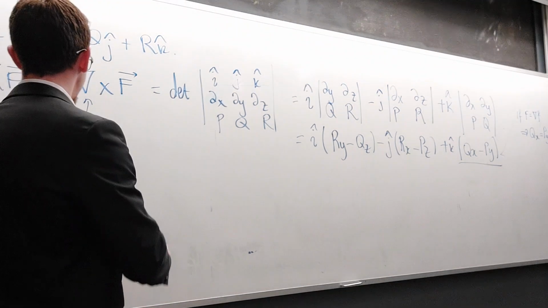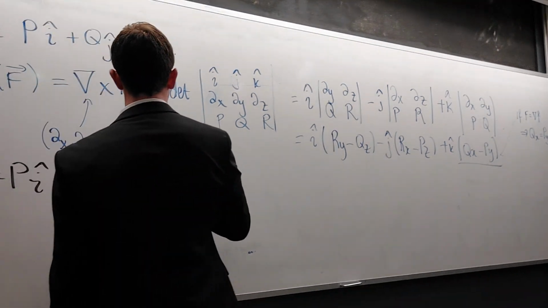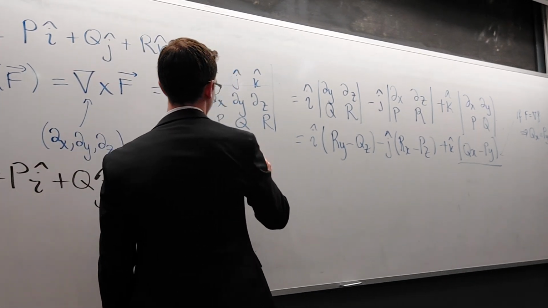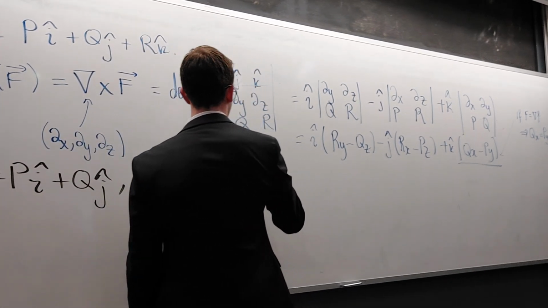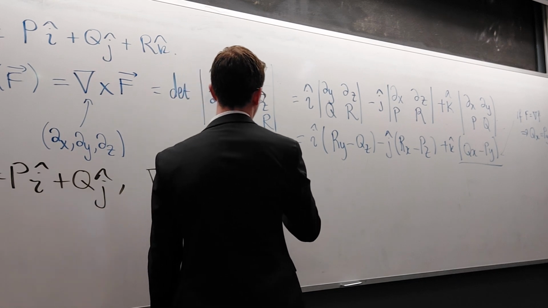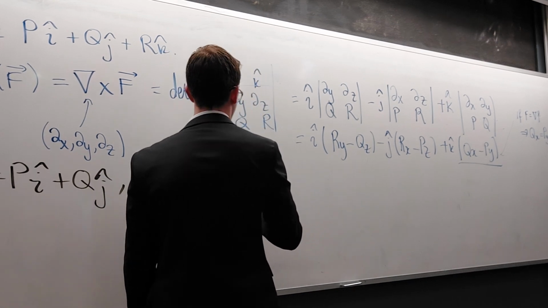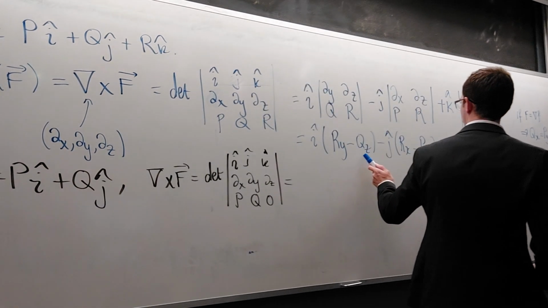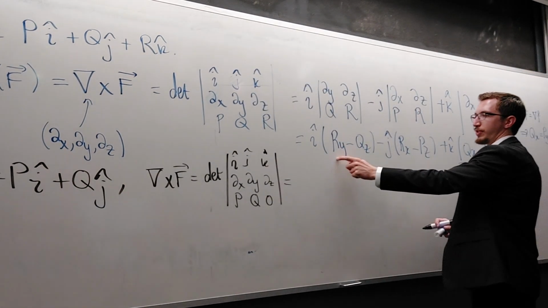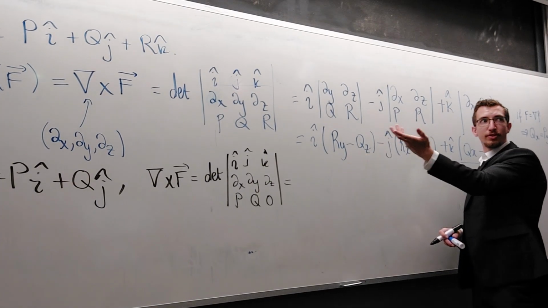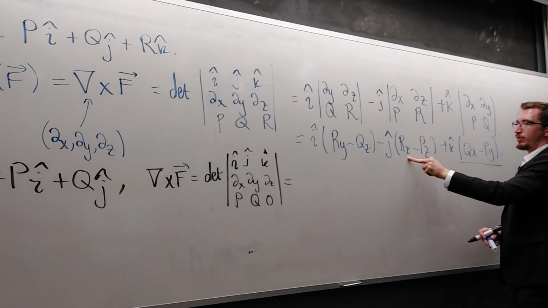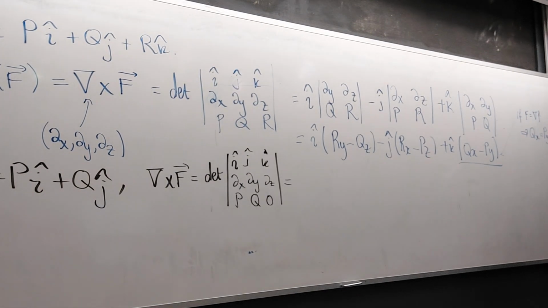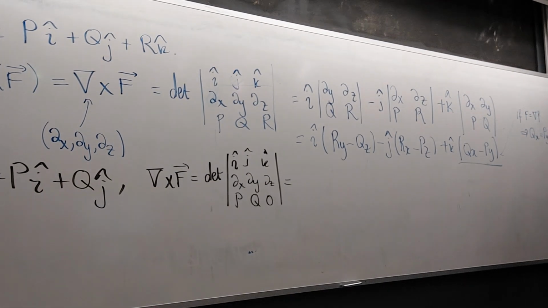If r is 0, what I have is that the curl is the determinant of this matrix, partial x, partial y, partial z, p, q, 0. That is 0 because there's no r. This is 0 because there's no z. This is 0 because there's no r. And this is 0 because there's no z. It's only x and y, that's a vector field in R2.